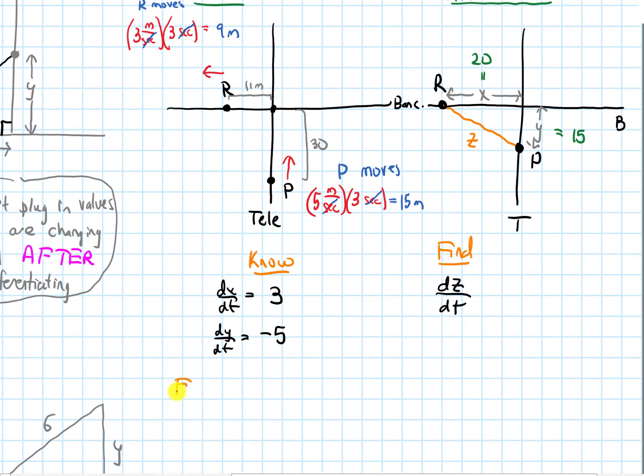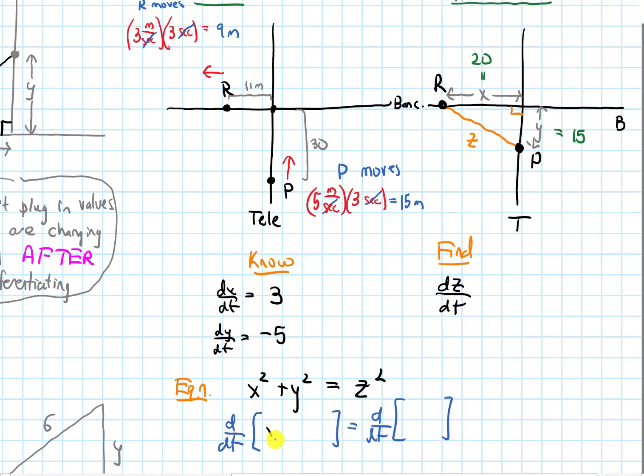Okay, so we are ready for the equation. So we have a right angle here. So let's do some Pythagorean theorem. We'll get x squared plus y squared equals z squared. I can't plug in for any of these variables yet because none of them are constant. All right, let's take our derivative. So let's take d dt of everything. So d dt of the left equals d dt of the right.